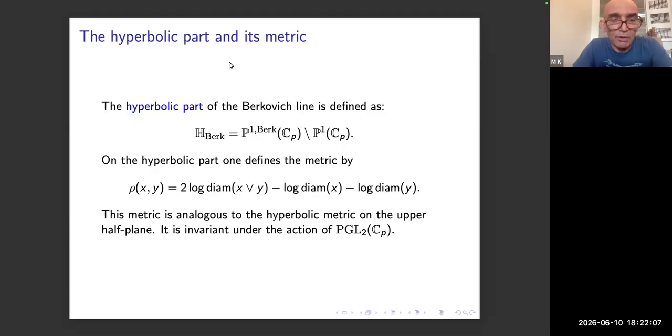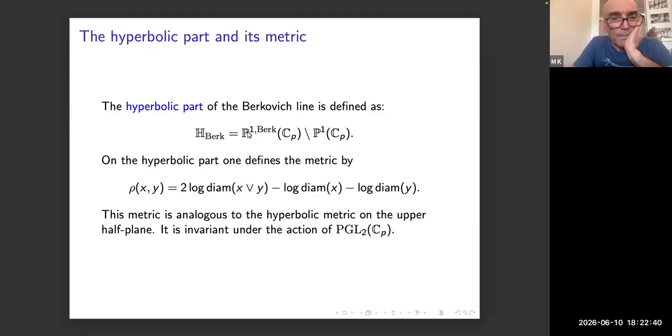This is really the analog of the hyperbolic metric. Now, PGL_2 of Q_p basically acts isometrically with respect to this metric, exactly the way that Mobius transformations act isometrically for the Klein disk or the Poincare upper half plane in the other case.